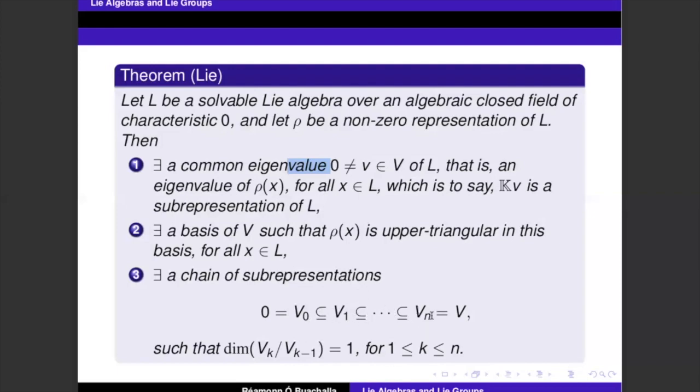Here this is not the case, but we get this chain of sub-representations, and the dimension of the quotient of one by the next is equal to 1. We didn't prove this for nilpotent; we're going to prove it for solvable, and then of course that implies it for nilpotent.